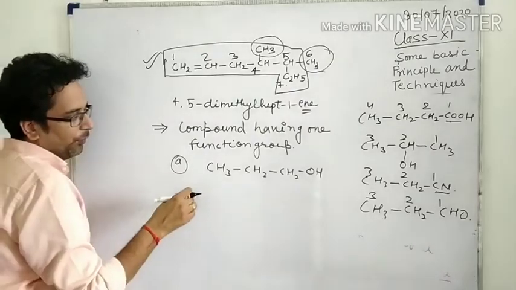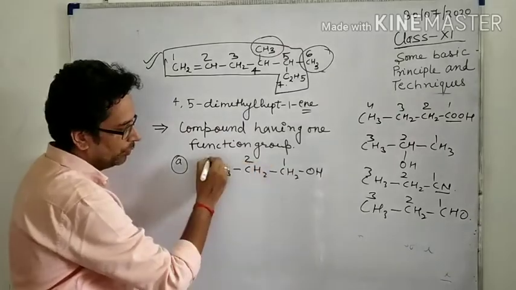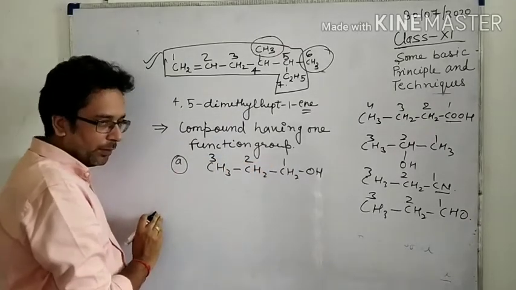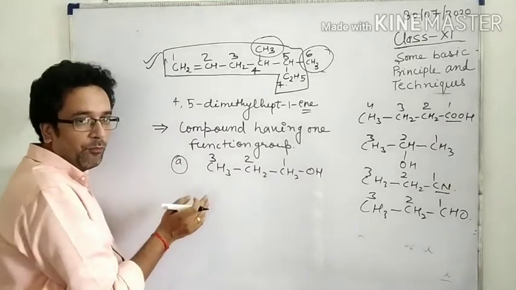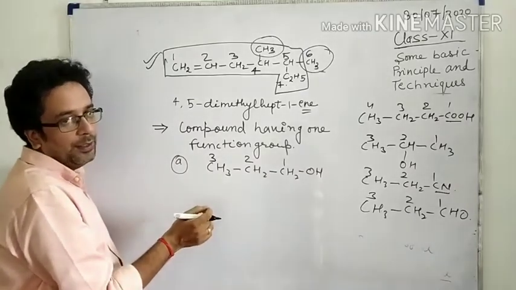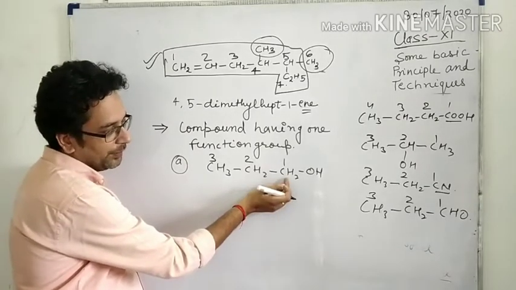Okay, so first we select the longest chain, 1, 2, 3. Numbering from that side from which the functional group is nearest.